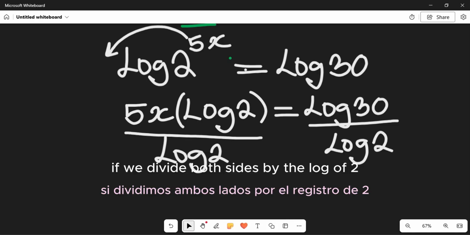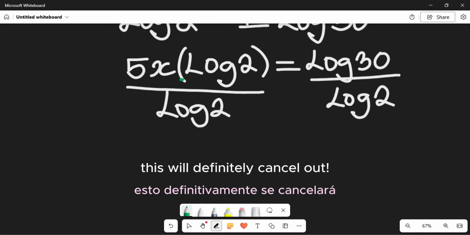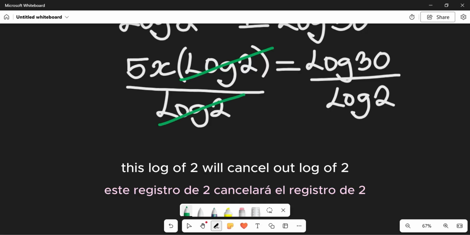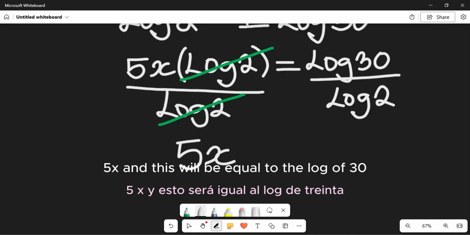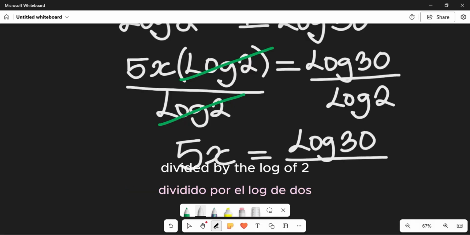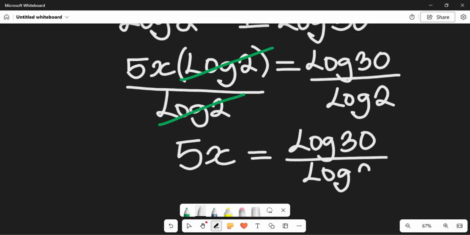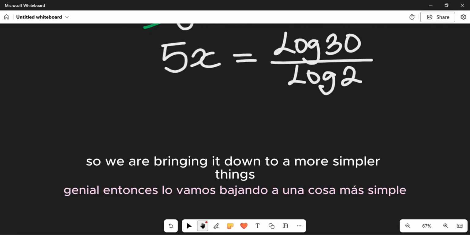Log of 2 will cancel out log of 2, and we'll be left with 5x, and this will be equal to the log of 30 divided by the log of 2. Great. So we are bringing it down to simpler terms.